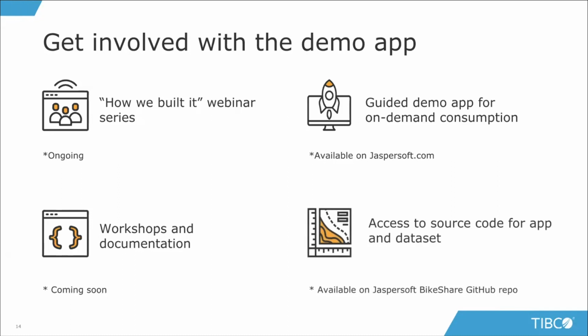And as we've mentioned a number of times, the source code and data for the application have been made publicly available through the Jaspersoft Bike Share GitHub repo. You can do a Google search and find it immediately, and all of these resources will be published in one centralized spot on Jaspersoft Community as soon as we get those workshops up. So if you're interested in looking more, these are your options.